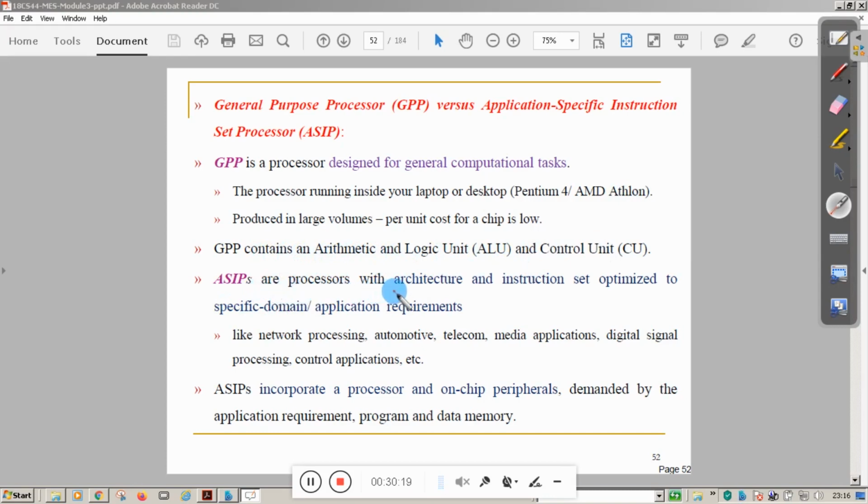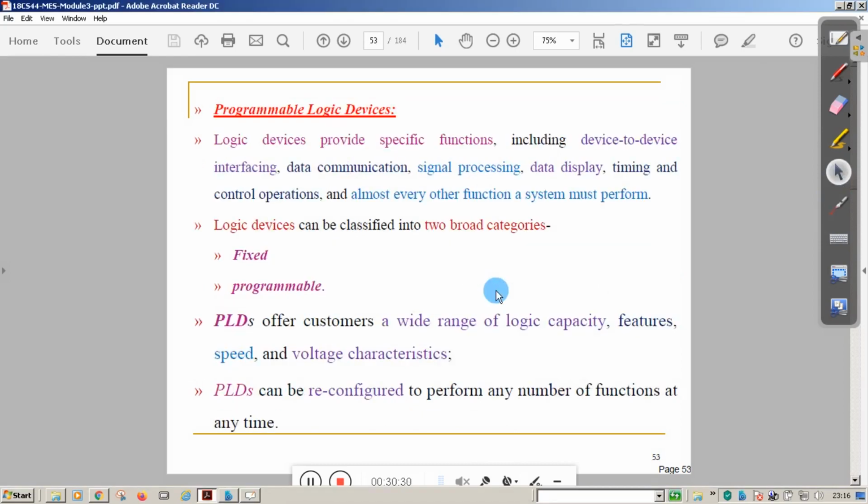ASIPs are processors with architecture and instruction set optimized for a specific domain or specific application requirements.